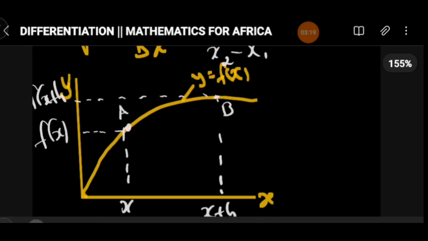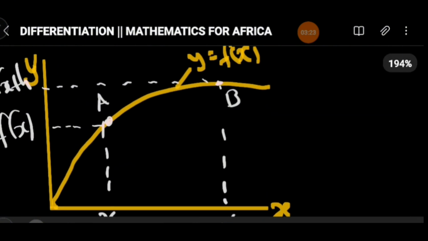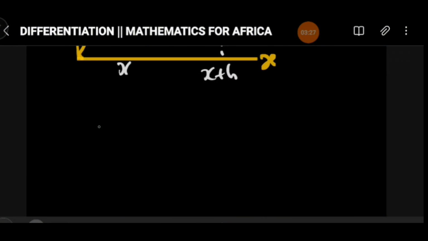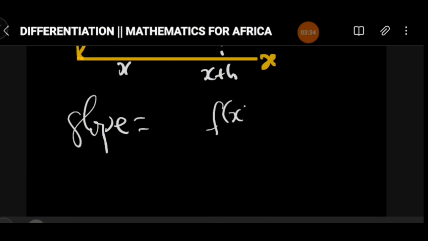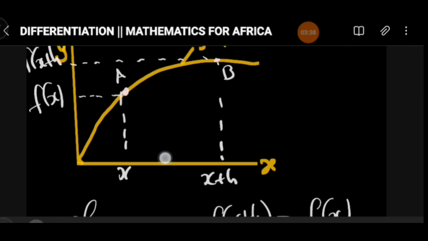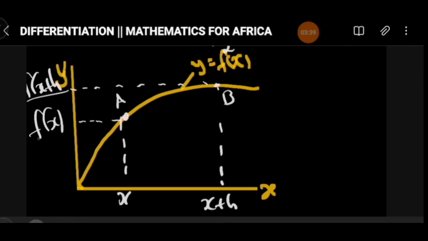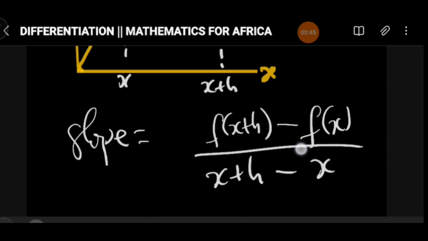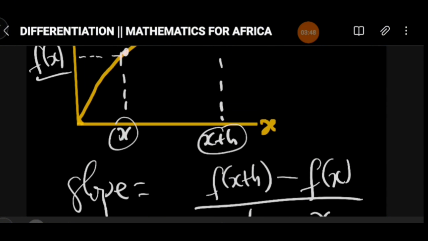Similarly, we can still calculate our slope. The slope will still be equal to f of x plus h minus f of x, where this one is like our y2 and this one is like our y1, divided by x plus h minus x, which is like our x2 minus x1.